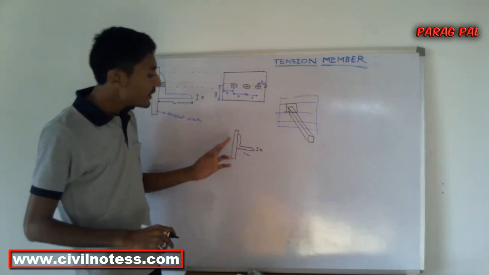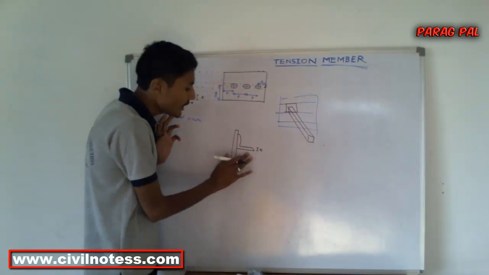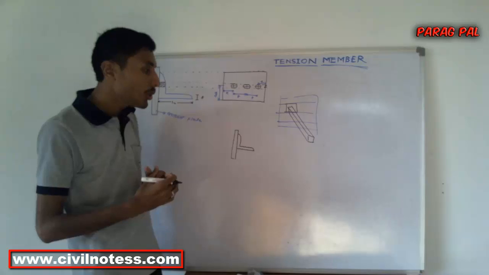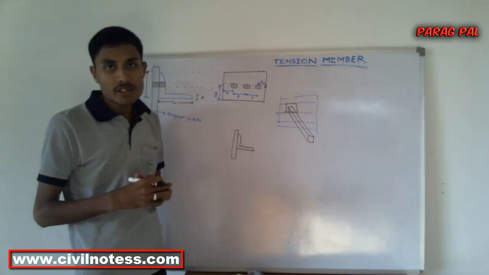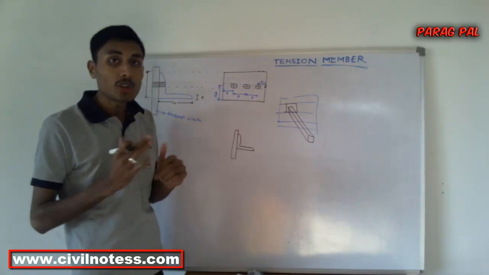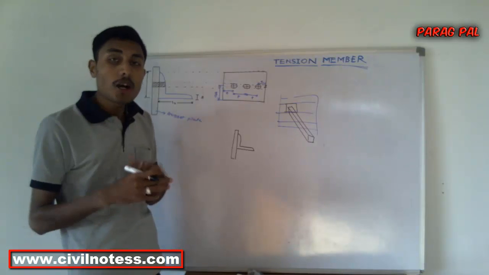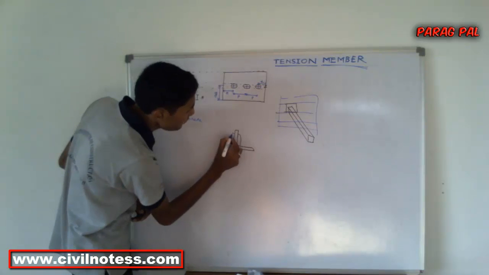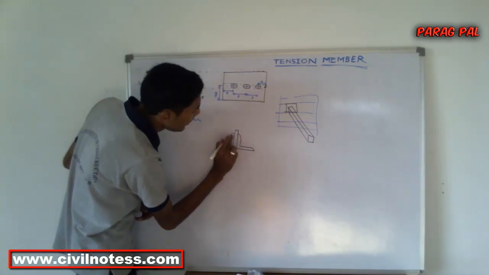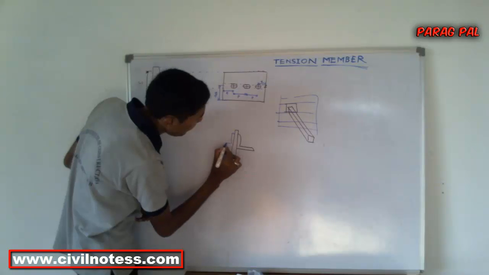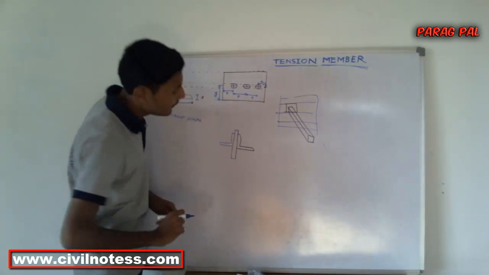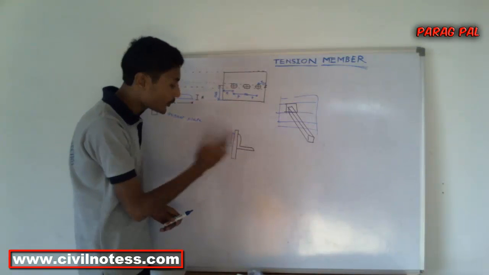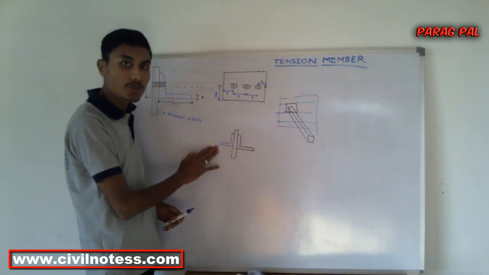What you are seeing here is called a single angle section. If in the examination they tell you that two single angle sections are placed back to back on opposite sides of the gusset plate, then one angle section is here and another angle section is opposite to it.